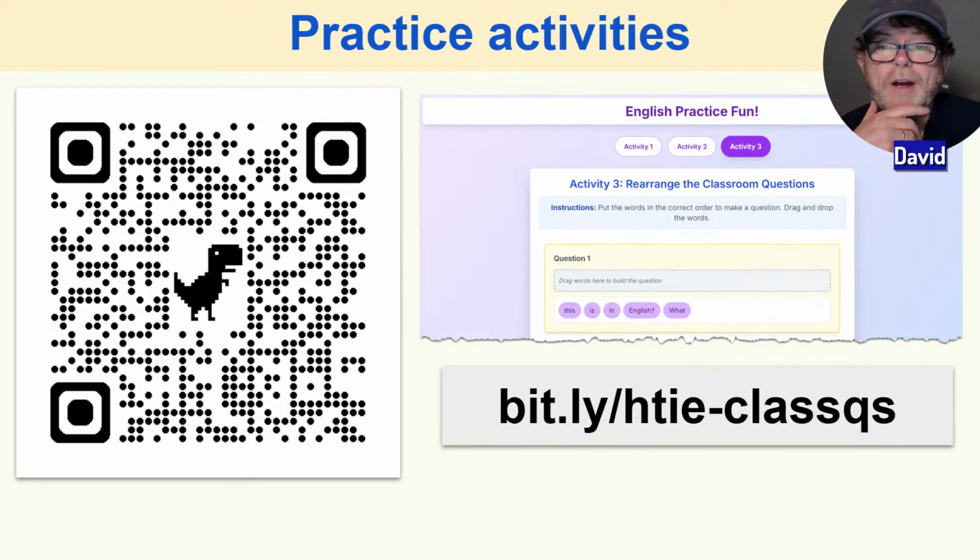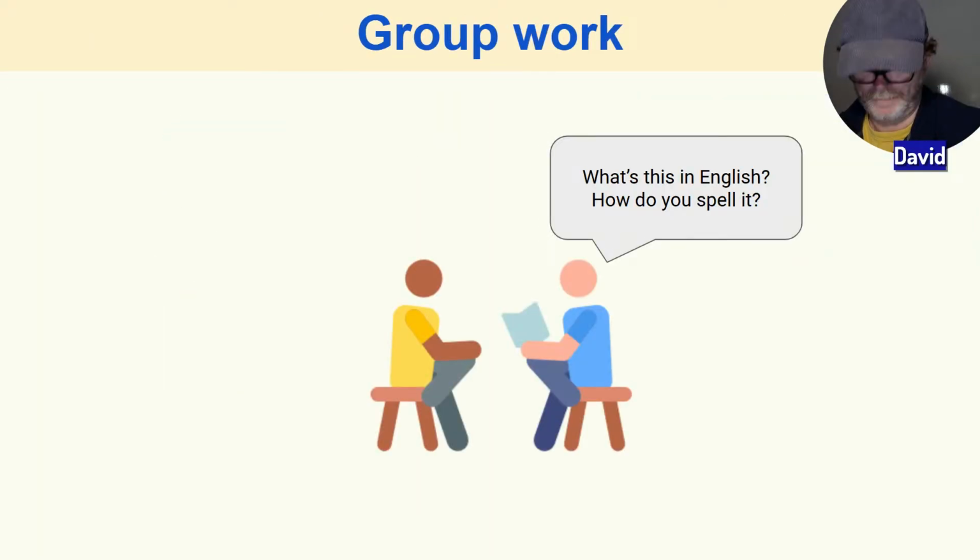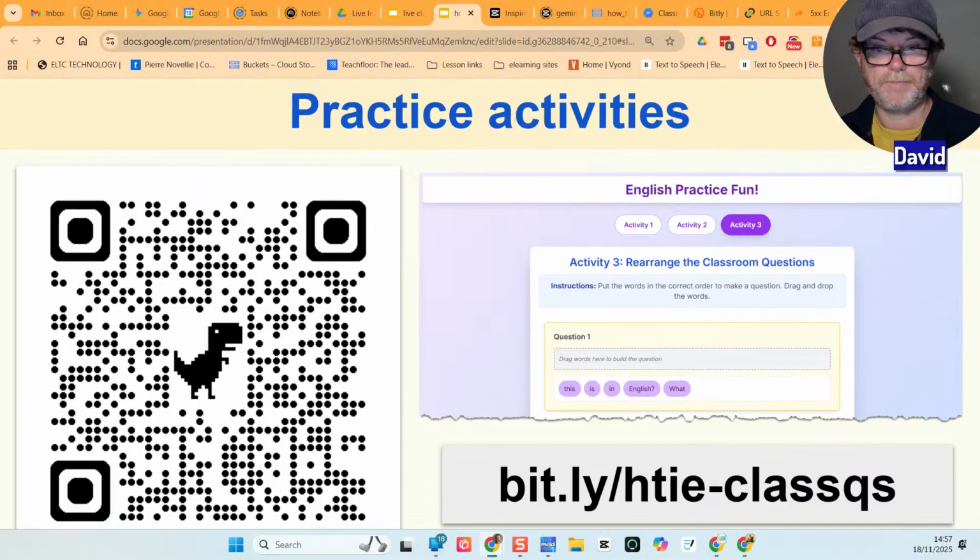If you want to practice some of these activities and practice some of this language, there is a QR code and a link there to an activity.